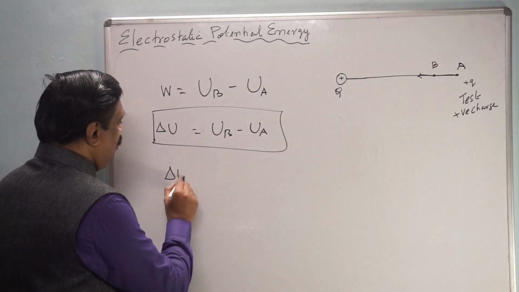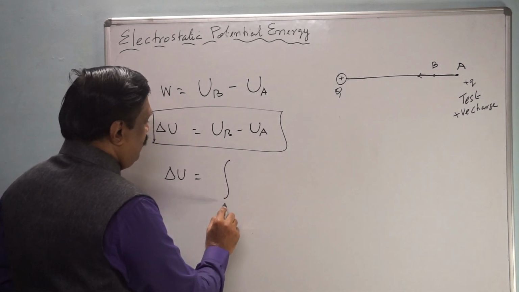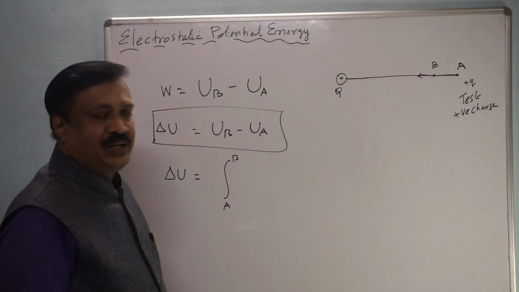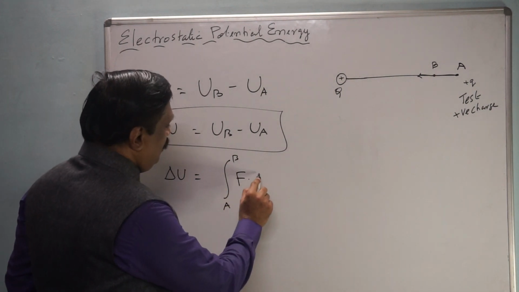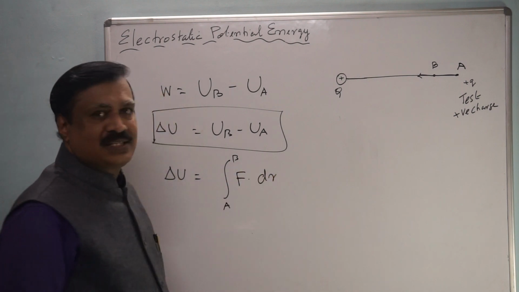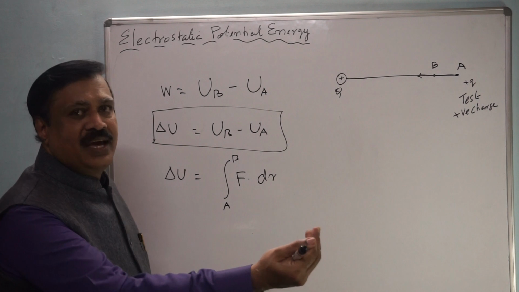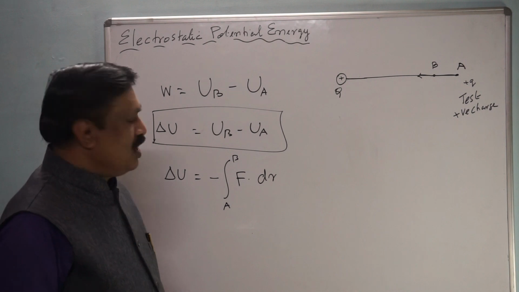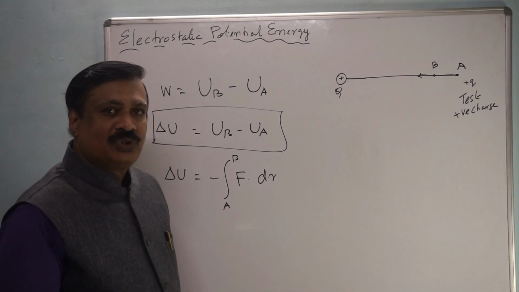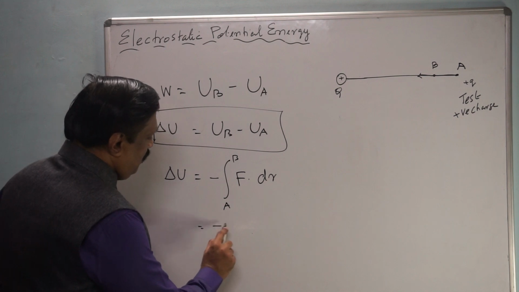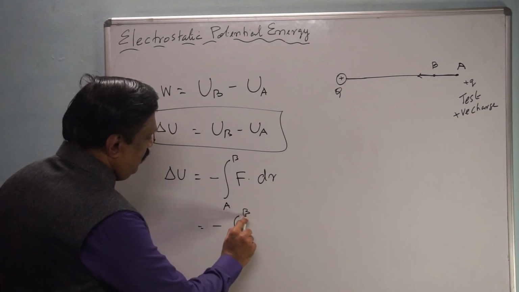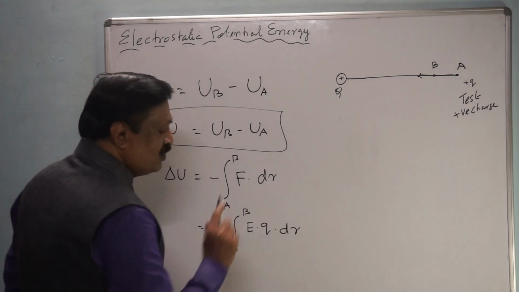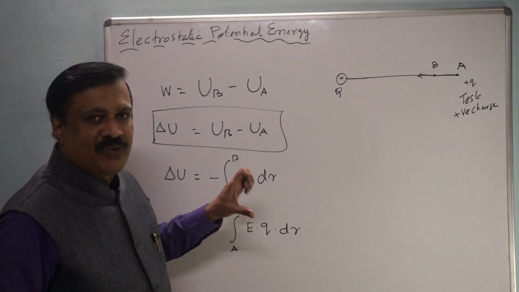Delta U can be written as you are moving from A to B, so A to B, and F into dr. A small distance dr you are moving, and you are moving against the repulsive force, therefore you put a minus. F here is Coulomb's force. Therefore, you can put minus integral A to B, and instead of F, you can put E into Q dr, where dr means the small distance you are moving from A to B.